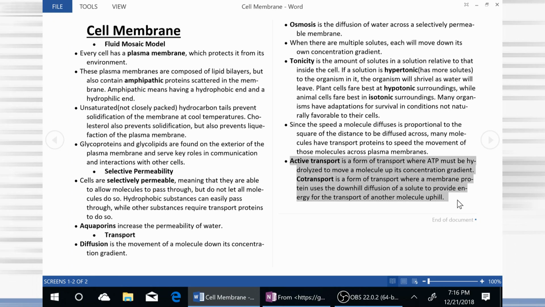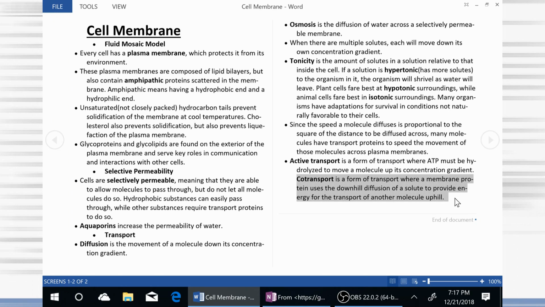For example, if a cell needs lots of a certain molecule, then probably outside the cell there will be very little of that molecule remaining, and there will be massive amounts within the cell. And so the cell is going to use ATP to move those molecules up that gradient.